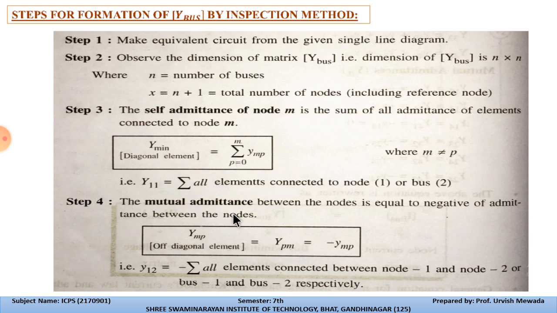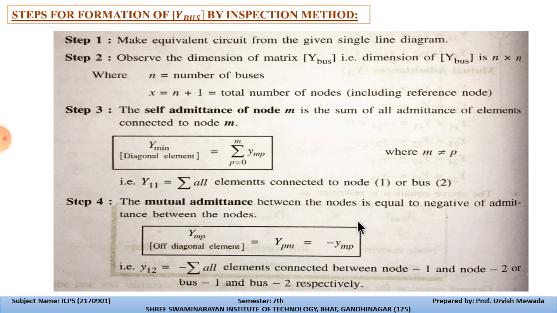Similarly, mutual admittances means between links, ymp, the off diagonal elements. These are the diagonal elements and these are the off diagonal. As we know, the off diagonal elements are indicated as minus. So ypm is indicated as minus ymp.